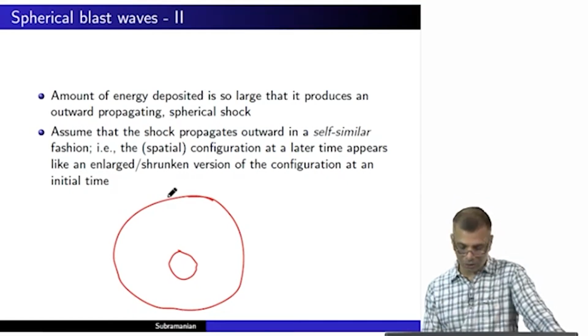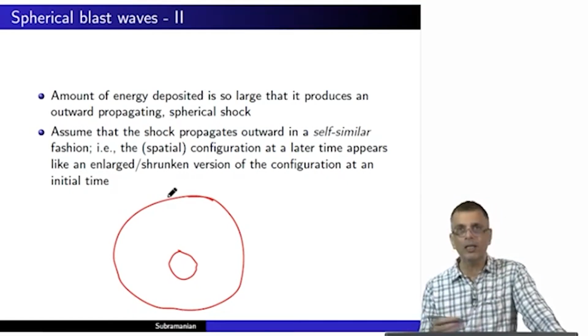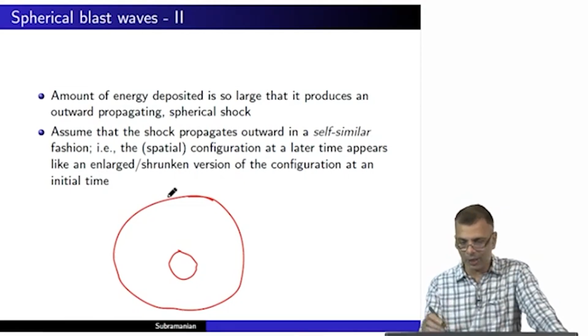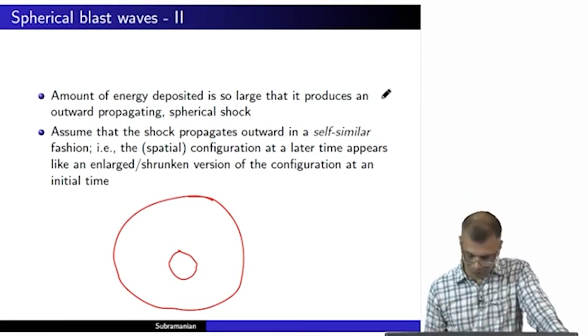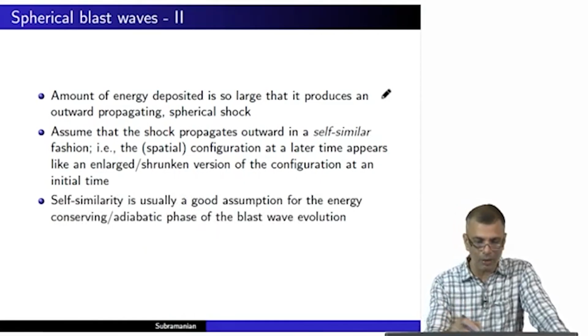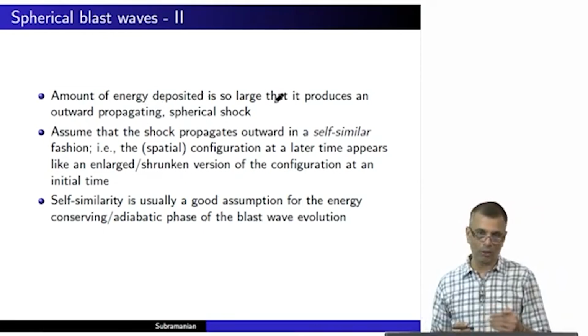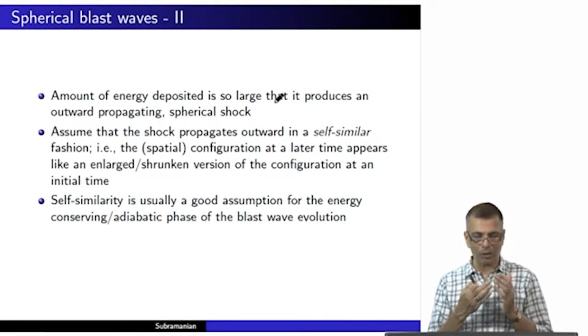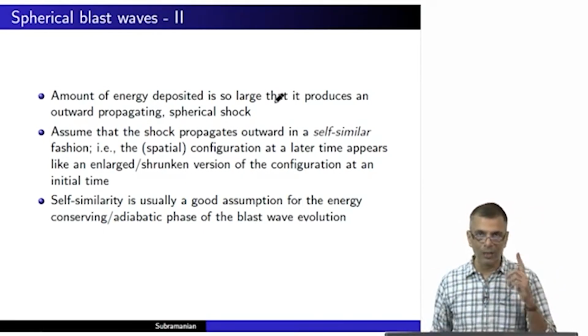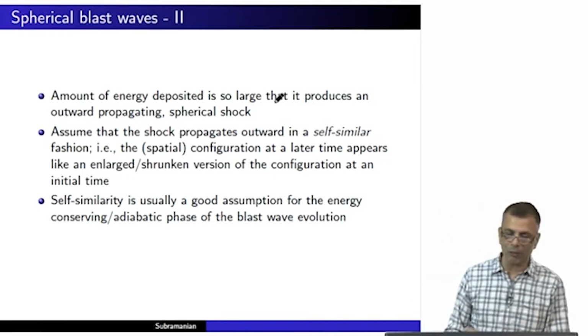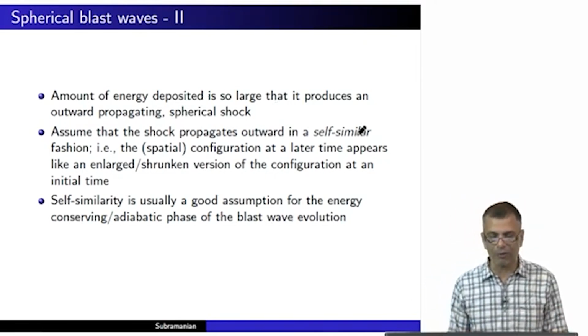Okay, all right. So for the time being, let's proceed ahead, noting that these are the central assumptions. One of the central assumptions is that the amount of energy deposited is so large that it leads to the formation of an outward propagating spherical shock. The other assumption is that the shock propagates outward in a self-similar fashion.